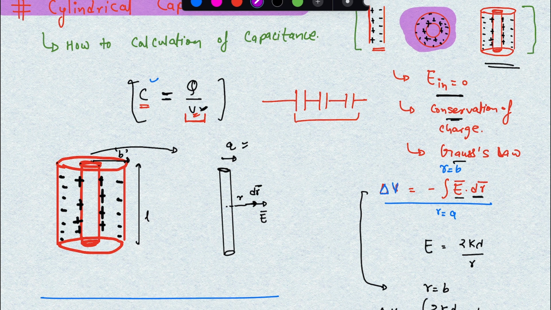If some complex shape is there, you can always use this method to find it. Now there can also be a combination of cylindrical capacitors, so that also you can calculate by finding the individual capacitances, and then applying series and parallel by looking at the connection of the plates.